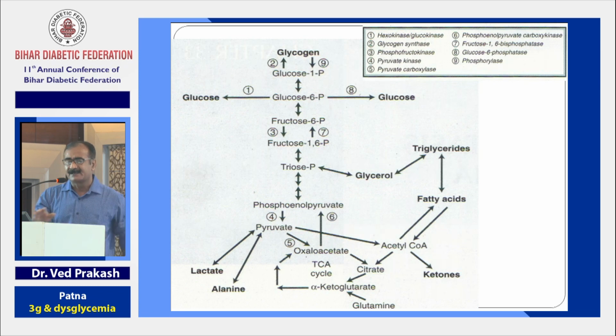So there is a complex interplay starting from glycolysis to the TCA cycle or the EMP pathway, and further to ketogenesis. The important enzymes for all these are mentioned in the bracket: hexokinase, glucokinase, glycogen synthase, phosphofructokinase, PEP carboxykinase.